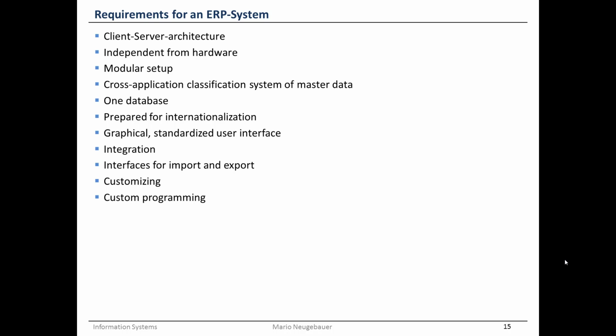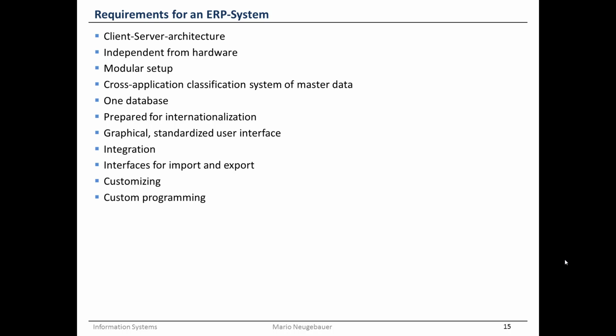If you think about going to other countries, then it's important to be prepared for internationalization with such an ERP system. What does going to another country mean? It means that in the other country, you might have customers talking a different language. So you might need to talk to your customers via the ERP system in this different language. If you provide forms for the customers, then they need to be in a different language as well. Of course, it's not only about the customers, it's also about the employees.